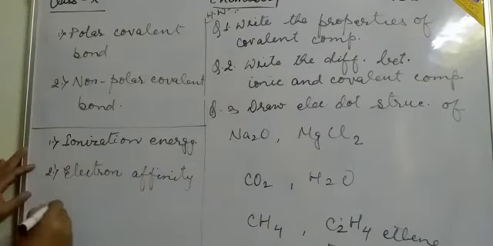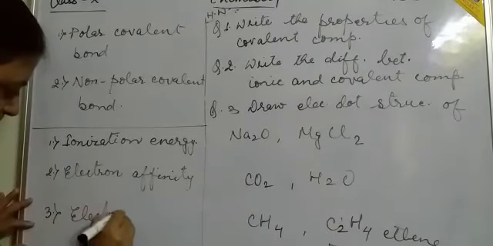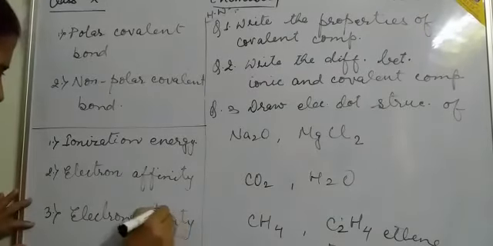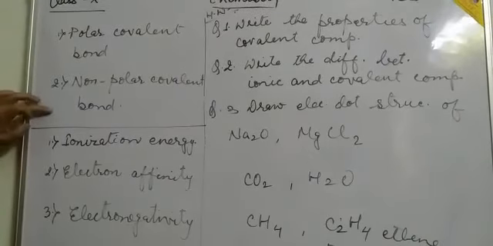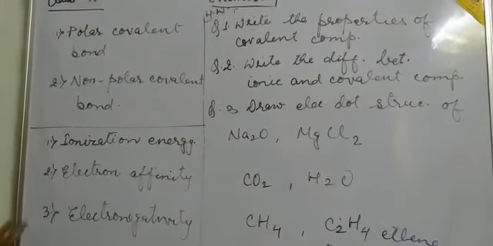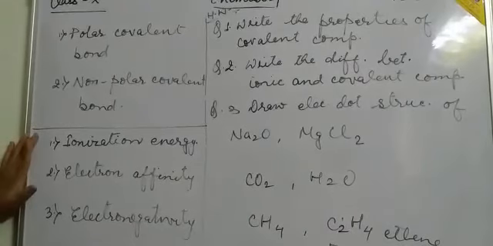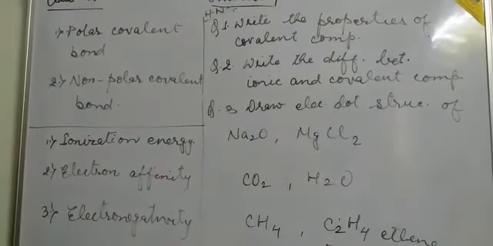And third is electronegativity. Generally, I discuss these three in the chapter periodic table. But to understand polar and non-polar covalent bonds, you must understand these three. We will discuss them in the chapter periodic table and organic chemistry.